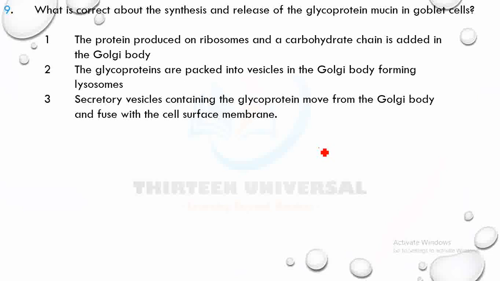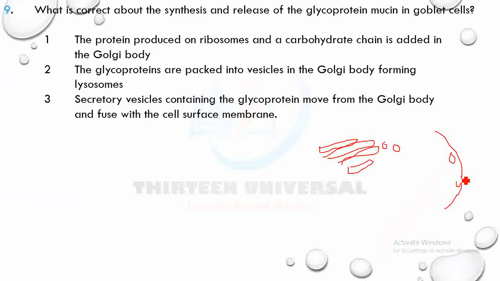So if you have, for example, this is Golgi apparatus. So it's a layer of flattened membrane. Okay, and then after modification, it produces vesicles that carry the glycoprotein towards the cell membrane.